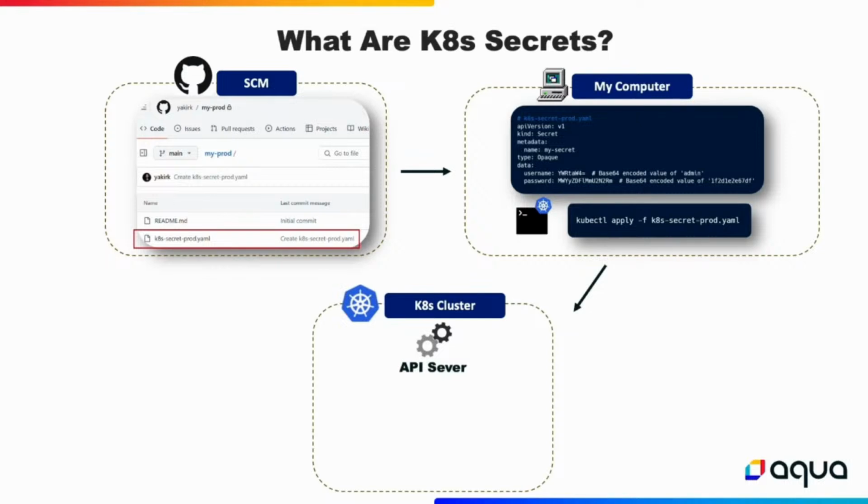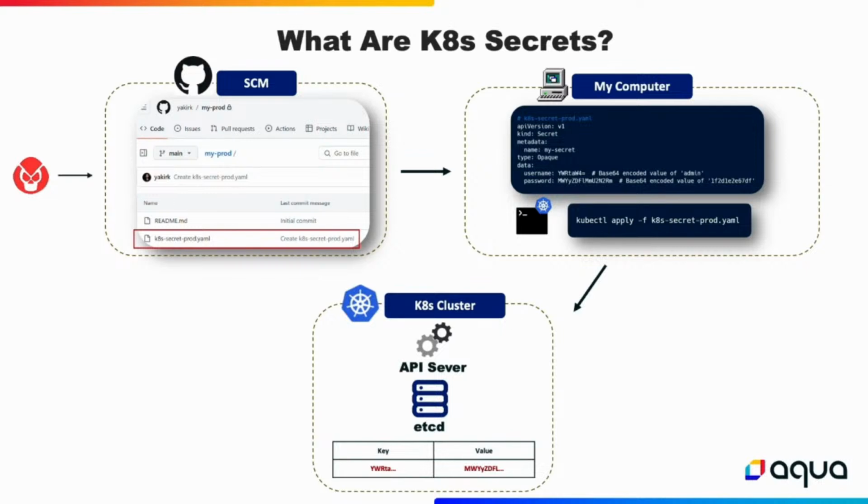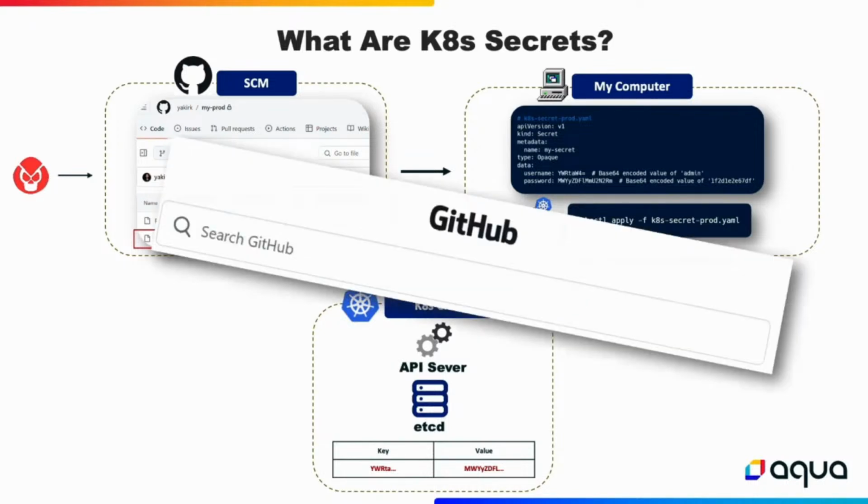Now, the secret is stored in our etcd database. Let's focus on the fact that we got this secret from GitHub, and an attacker can do the same. So anyone with access to a GitHub account can actually search for this type of secrets using just the GitHub search command.